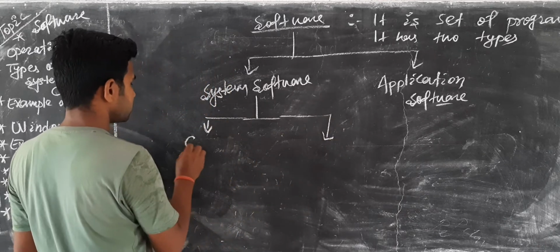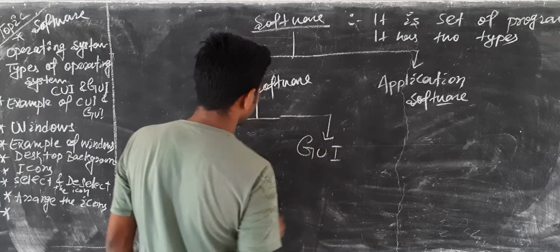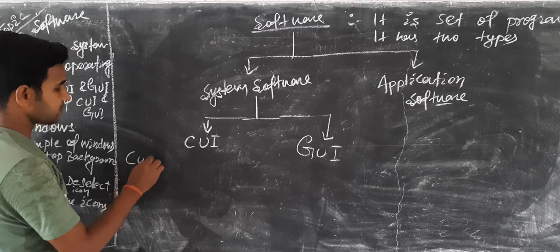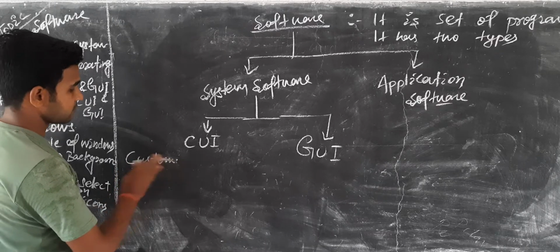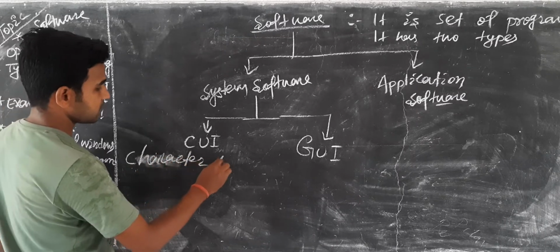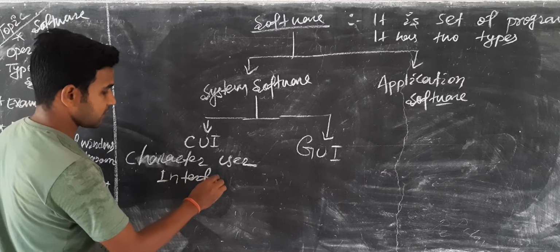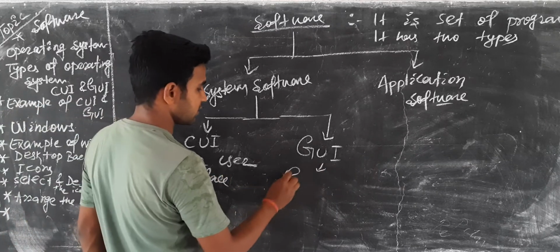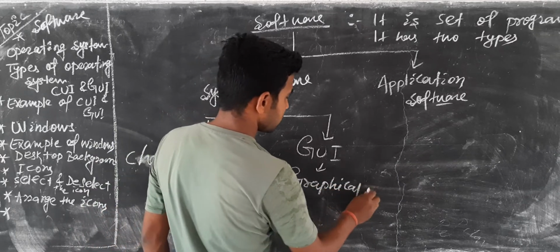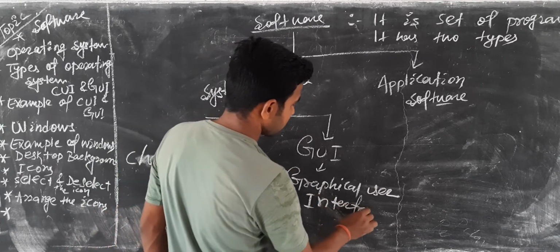System software depends on CUI and GUI. CUI stands for character user interface, and GUI stands for graphical user interface.